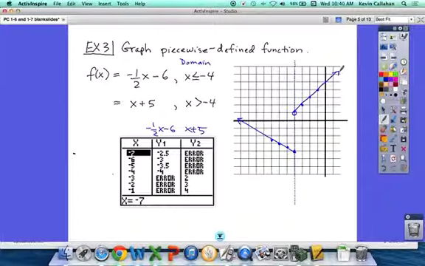That's a piecewise function. But you don't want to draw two lines in the same part of the graph. You shouldn't have this line extending over here, so then there would be two lines in the same part of the domain. It's always going to go up to a point. You've got one line. After that point, it's a different line. And they're not necessarily connected. Sometimes they are. Sometimes they're not.